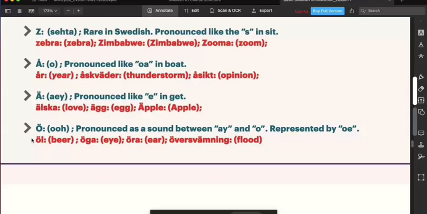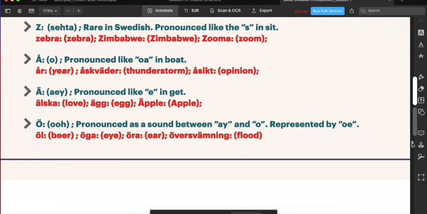And the last letter is O, all, beer, oga, ora, and over swimming, flood. Okay. So these are 29 letters that we can use in Swedish.